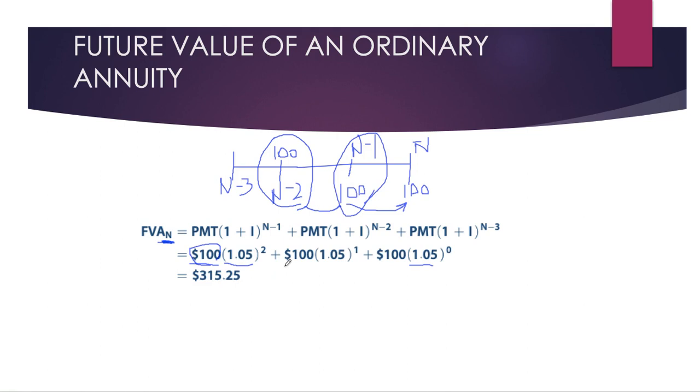This is $100 of payment, and it is compounded one time to come to the future value at time n. And basically, the last payment here is at the same year n, so we don't need any compounding, so this is just equal to 1. That is already given at the same future date that we are trying to calculate here. So altogether, this gives us the future value of this annuity where we receive $100 at the end of each year.